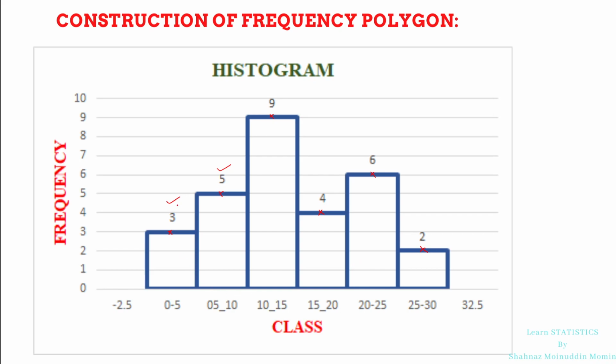I am drawing a straight line without using a scale, but students must use a scale in order to join the midpoints. So let us start to join the midpoints. This is a straight line joining the midpoint of the first rectangle and the second rectangle. Similarly, join all these midpoints with the help of straight lines.